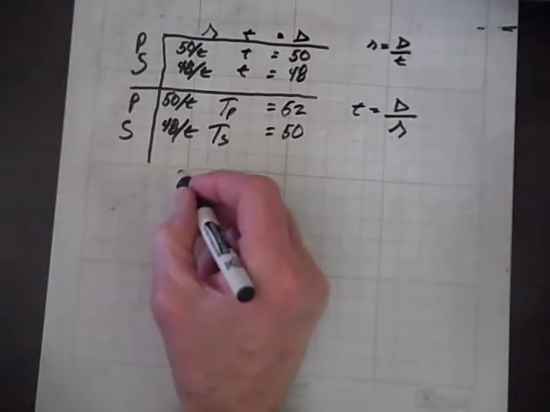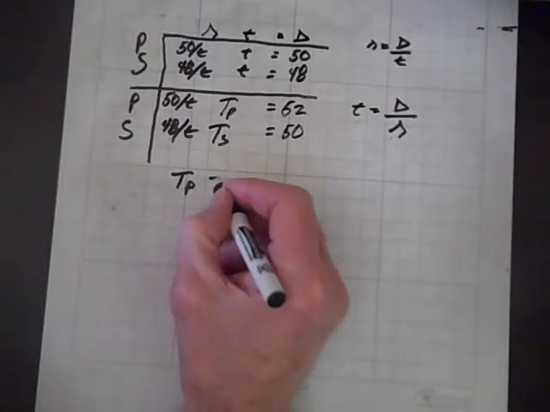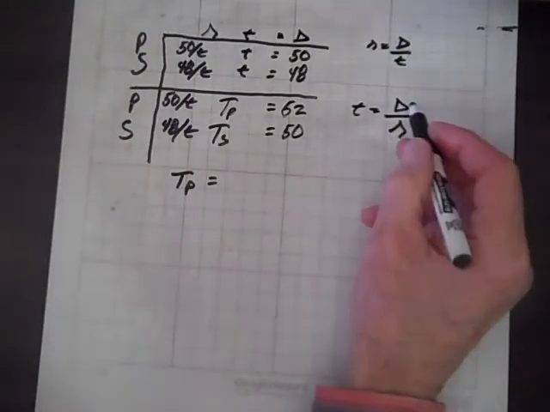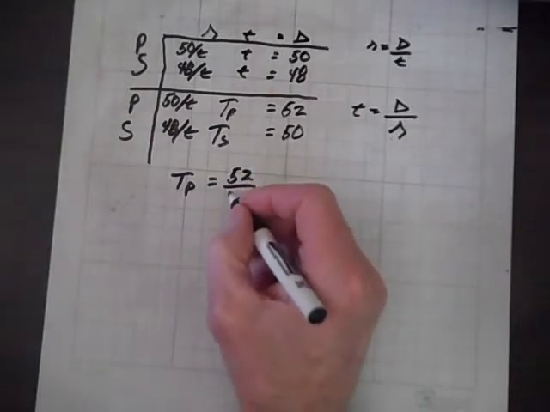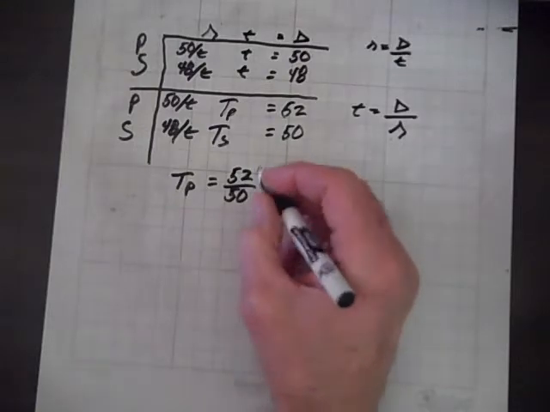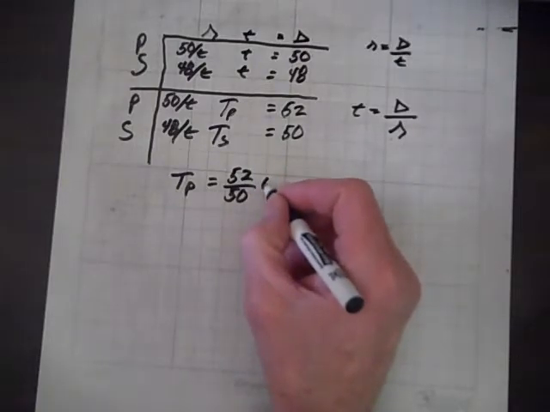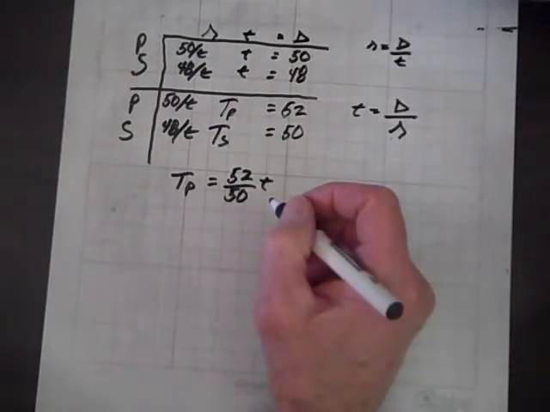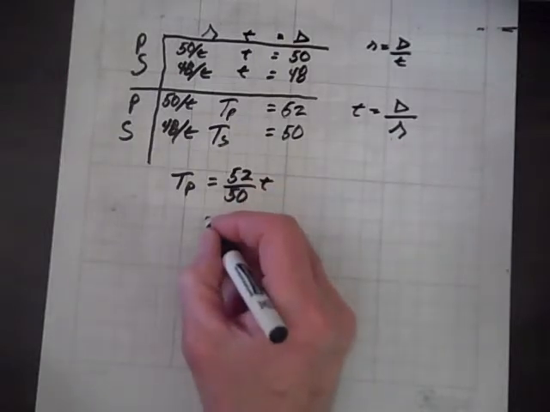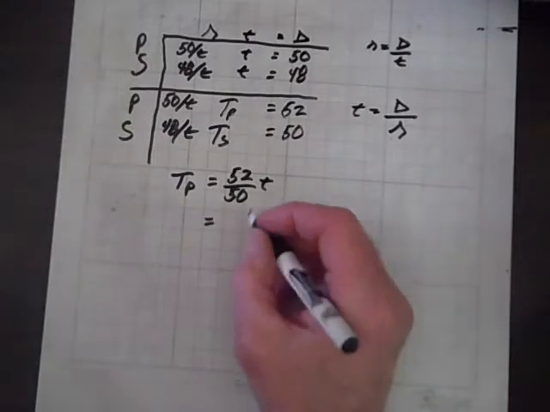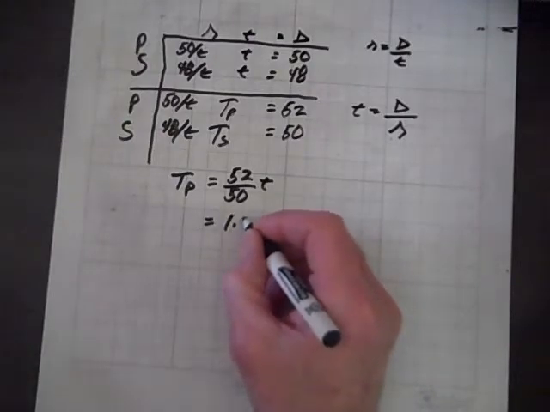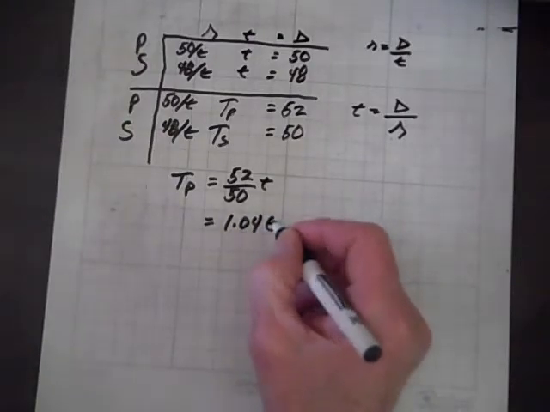So the time for Paul equals, let's see, distance 52 divided by 50 over t. We'll invert and multiply, and so the t will go up here. And if you run that through a calculator, what you get is 1.04 t.